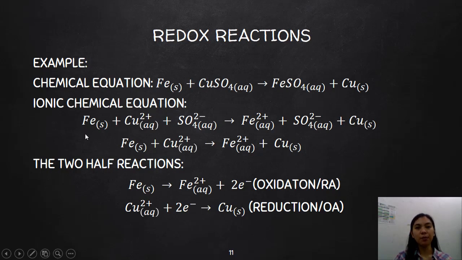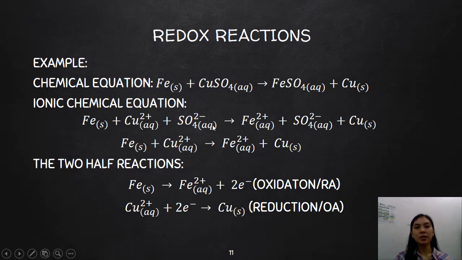Iron in solid form plus copper ion having a 2+ charge, plus sulfate having a 2- charge, yields iron having a 2+ charge plus sulfate having a 2- charge, and copper in solid form.